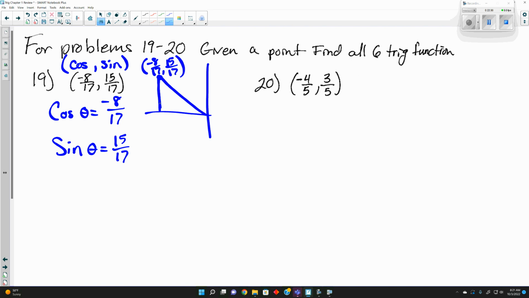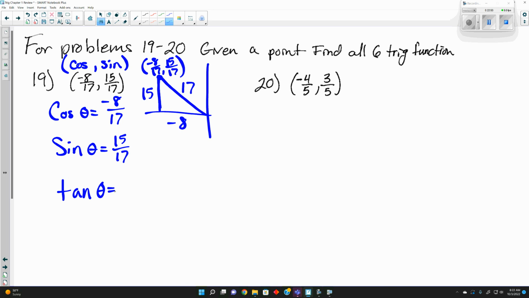And we could have worked it from here. And it does scale back out, because we could say that negative 8, 15, 17 is the triangle to get it back and work it back out, and we would get the same answers. Now, tangent of our angle, we could divide.